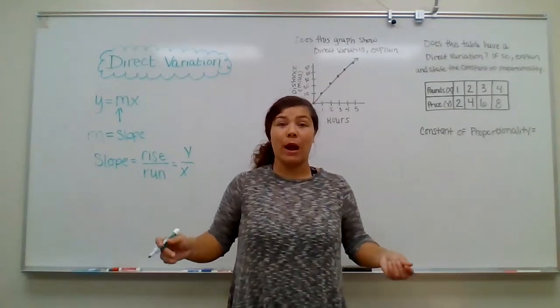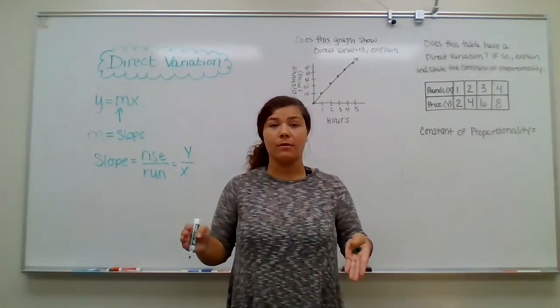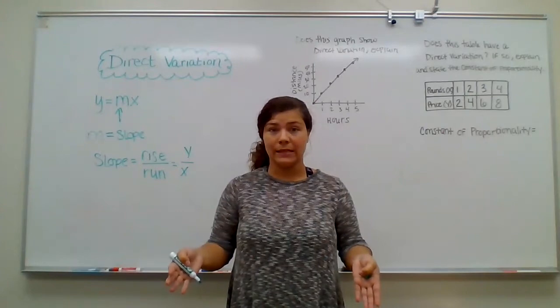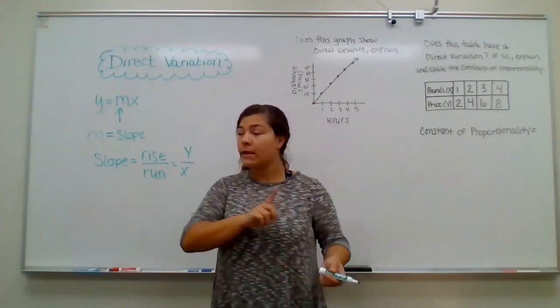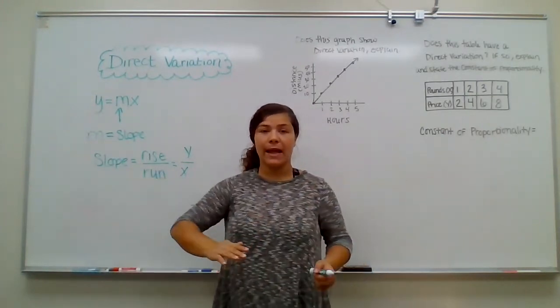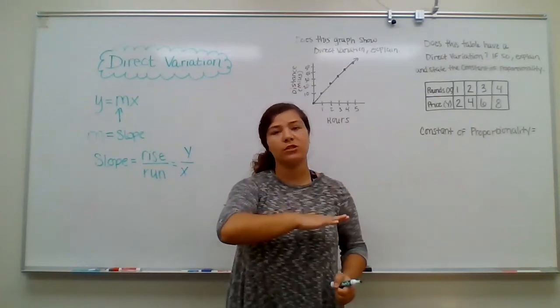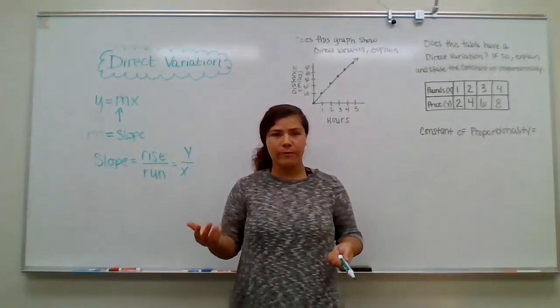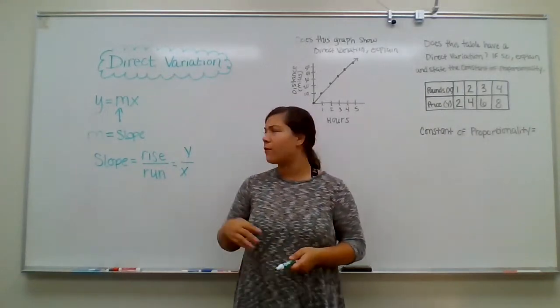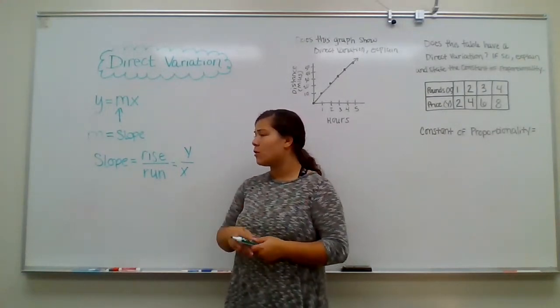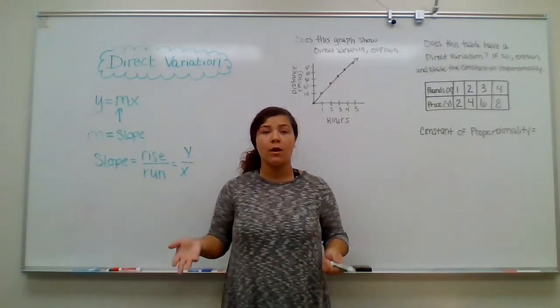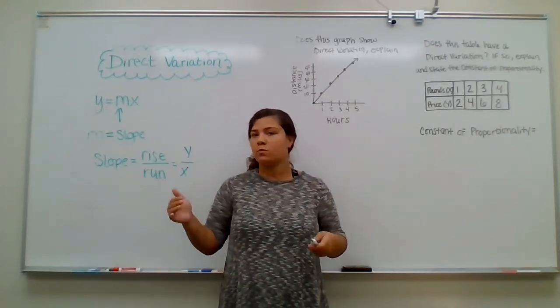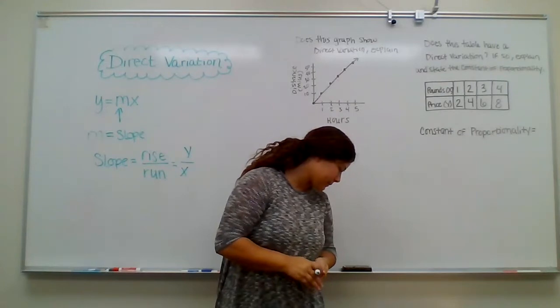So just remember, rise deals with being up and down. That's your y-axis. Run means left to right. That's your horizontal axis, which is your x-axis. And that should be review at this point. We've gone through this. You guys should know slope is rise over run, which is really just y over x.